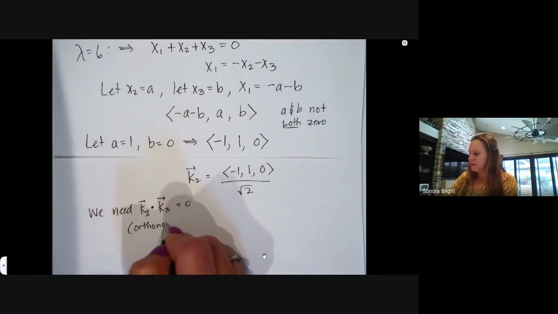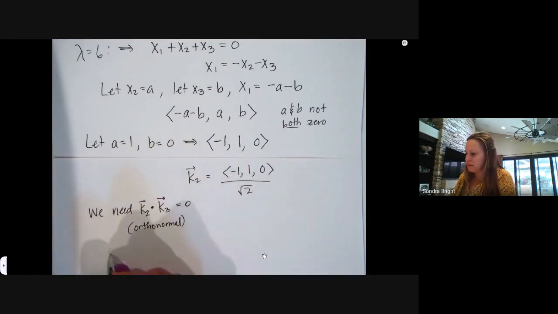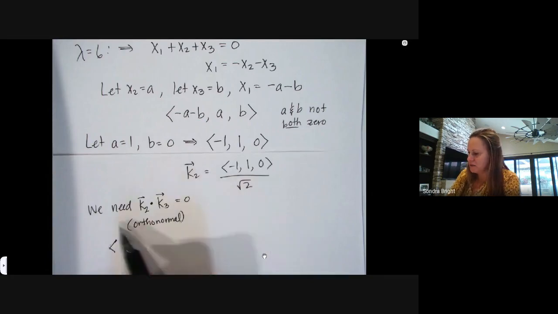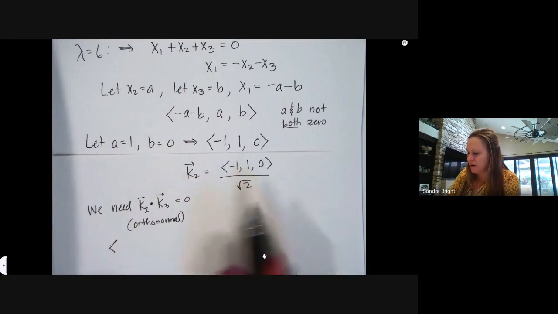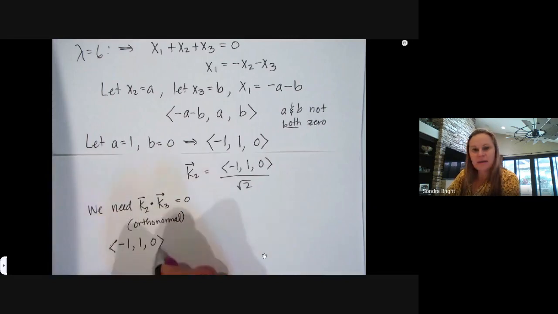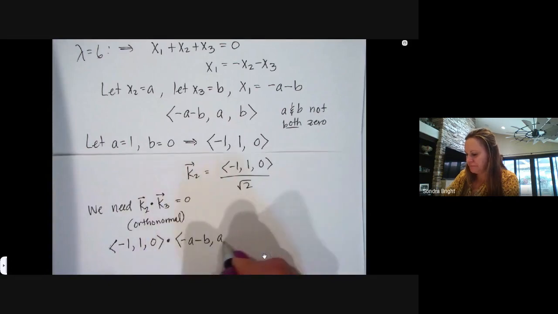So what I'm going to do is take K2, and I can leave out the root 2 for right now, and just do negative 1, 1, 0, and do the dot product of that with negative a minus b, comma a, comma b. When is this equal to 0?